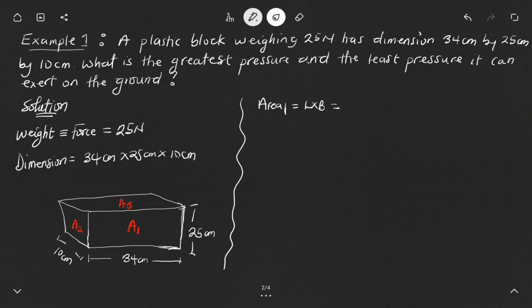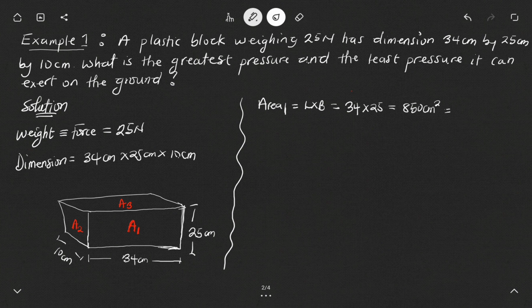For area 1, we are dealing with the length, which is 34 centimeters, multiplied by the breadth or the height, which is 25 centimeters. So we have 34 multiplied by 25 centimeters. That will give us 850 centimeters squared.